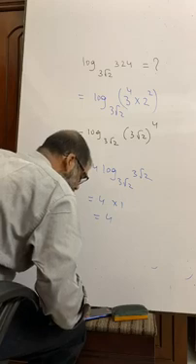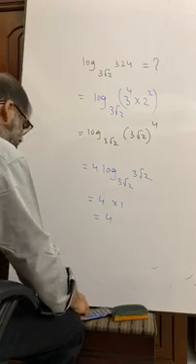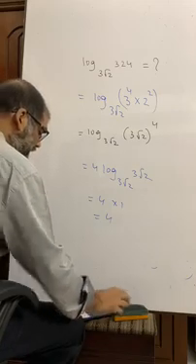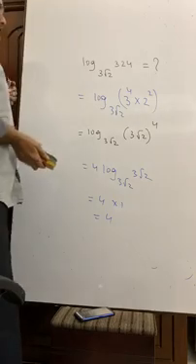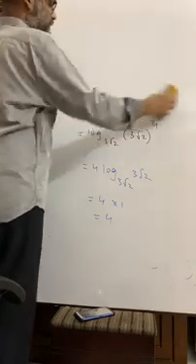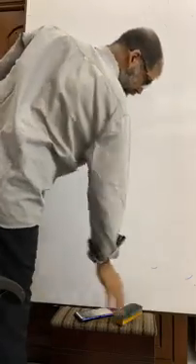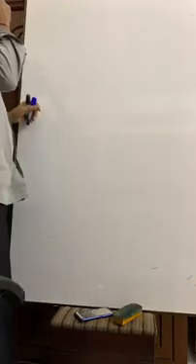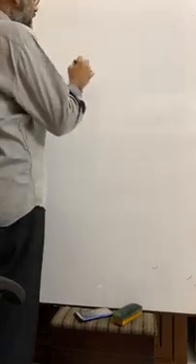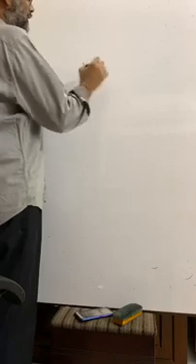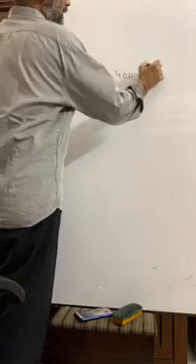Another math can be given like this. Write down, evaluate log base 2 root 5 of 400 equals to what?